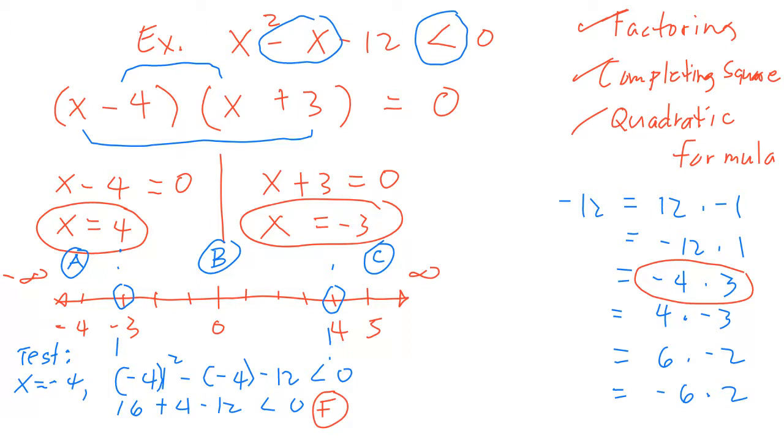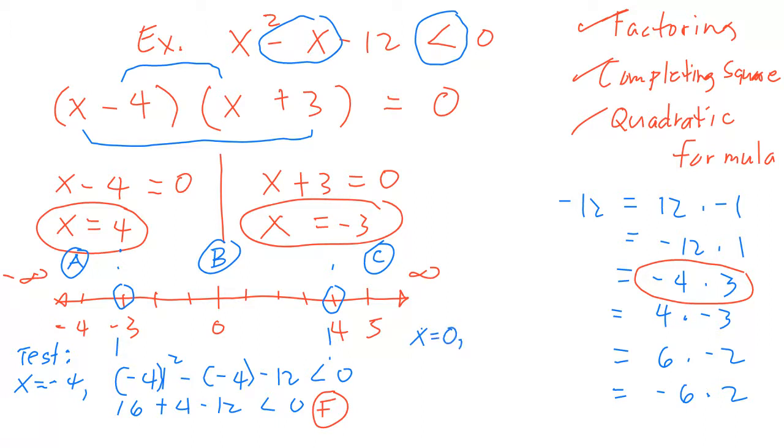So we can test region B. So region B actually, you can assign any value along region B. You can have +1, -1, or 0. 0 is easier to plug in. So we'll try x is equal to 0.